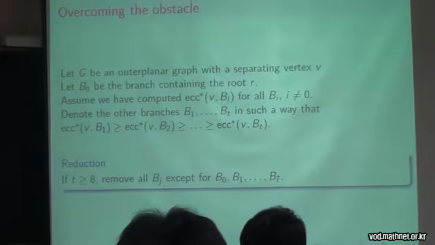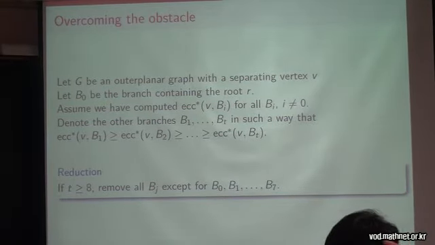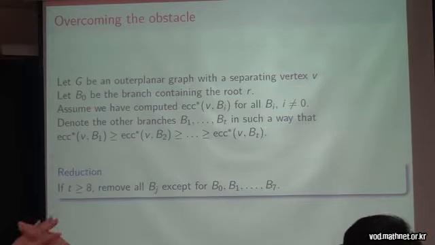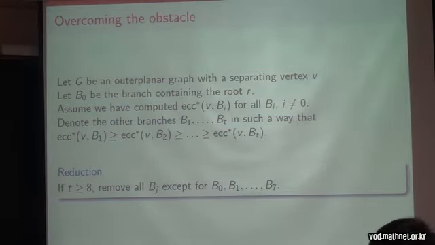G is an outerplanar graph with separating vertex V. So in short, it says that if there is a separating vertex V which is part of many connected components like this, so if you have 100 such components, then you can order the components according to some criteria which you can recursively compute, and then declare that these branches don't really help to decide whether this is a yes instance or not.